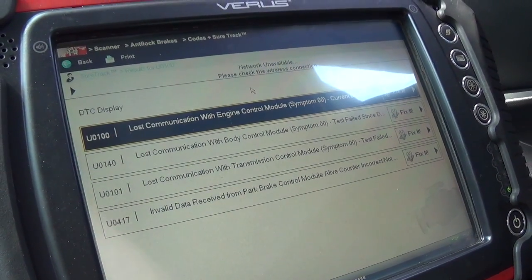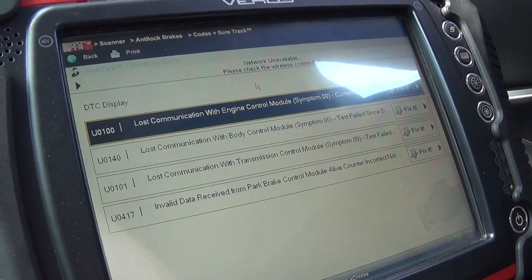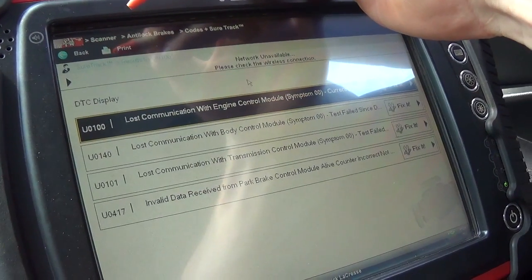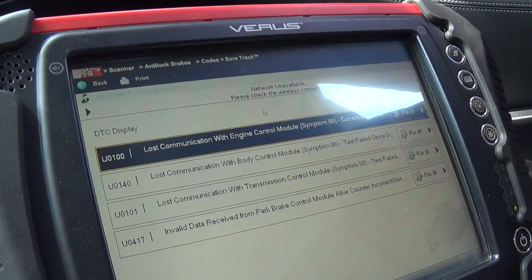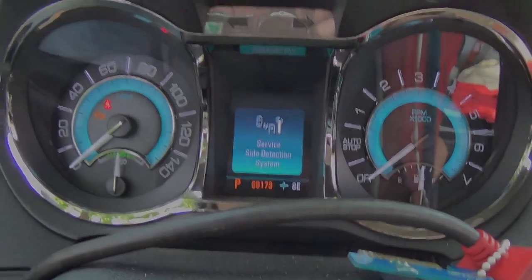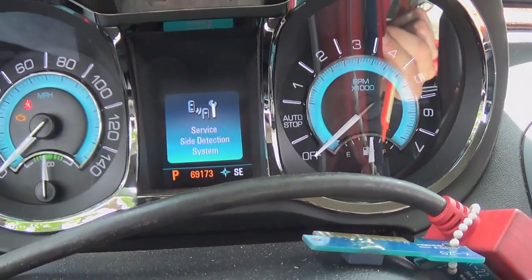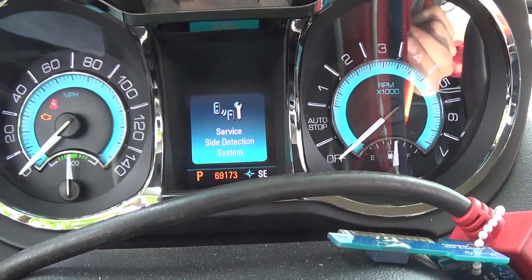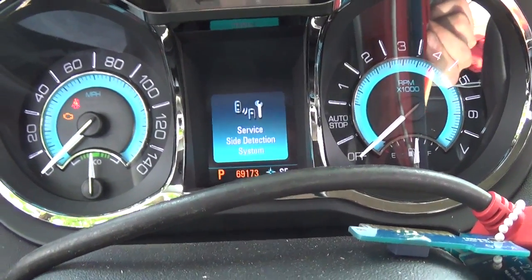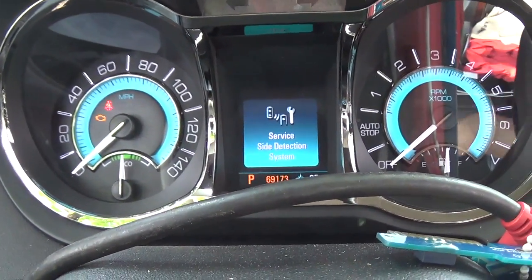So I guess we have to look at this network. Again, all these modules are on the same communication network.